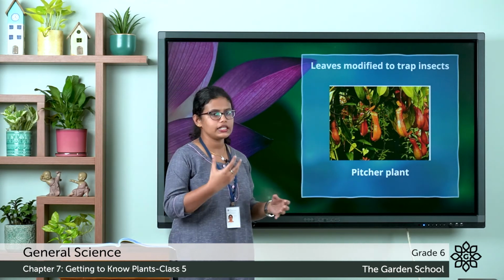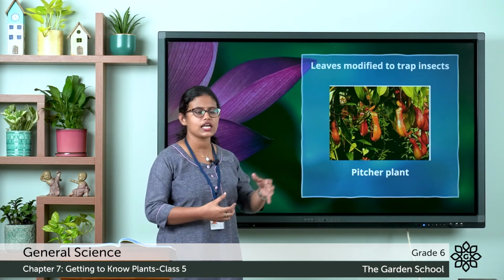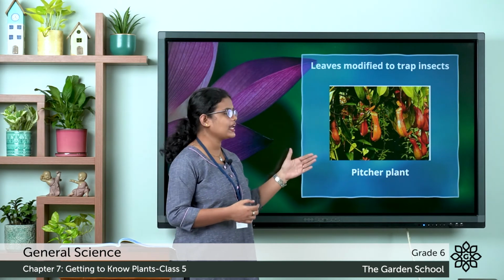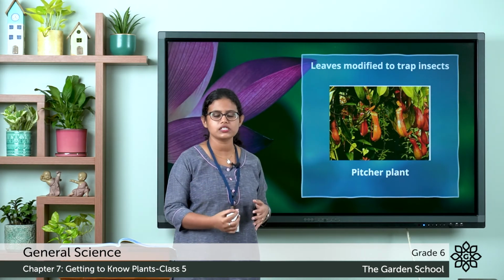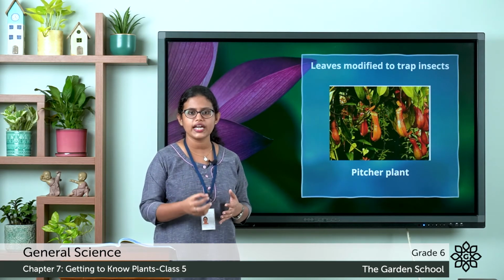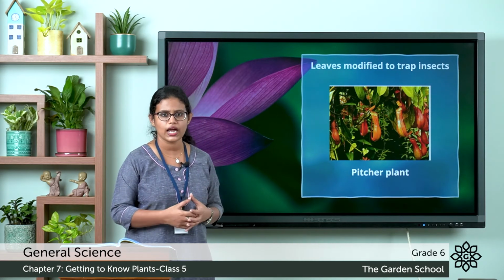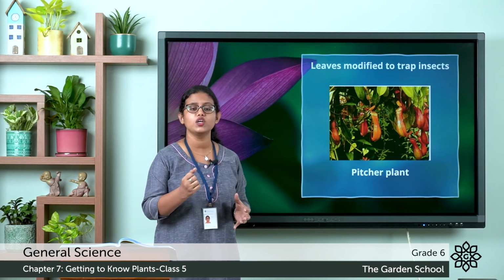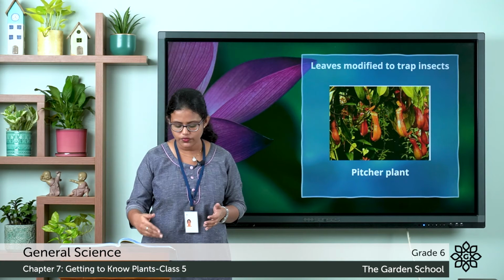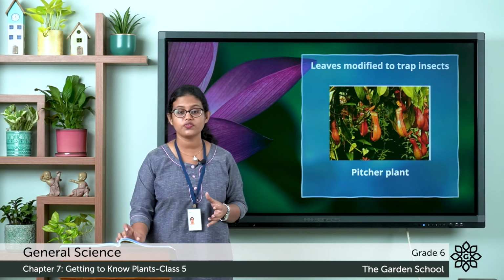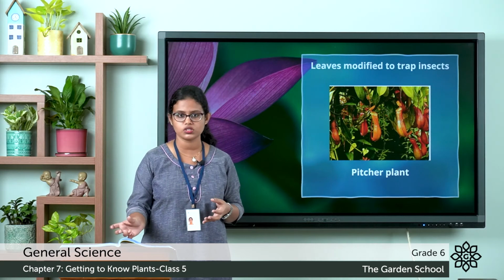When an insect enters inside this pitcher and touches the hair-like structure present in the pitcher, and the hair-like structure is disturbed, what happens? It closes the pitcher by lowering the flap. If you take page number 86 in your textbook, you can see the flap open and flap closed.